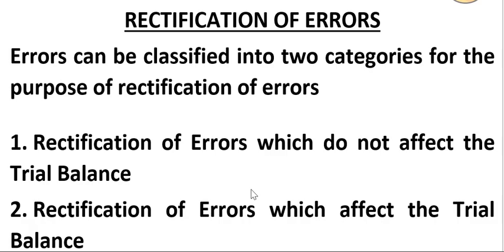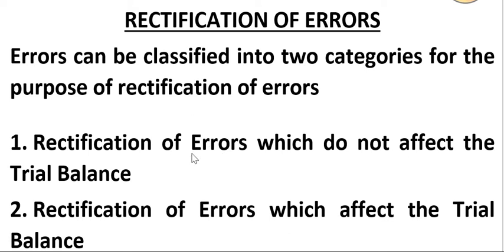Okay, now we'll see how the errors are rectified. Errors can be rectified based on what is their effect on trial balance. Because some of the errors are very difficult to find out because they don't affect the trial balance. So number one means rectification of errors which do not affect the trial balance is very difficult, because how will you find out where the error is?